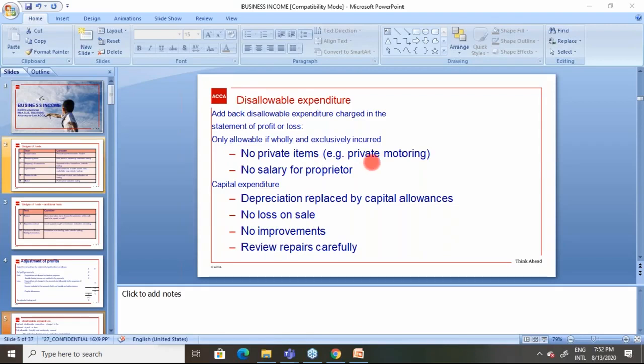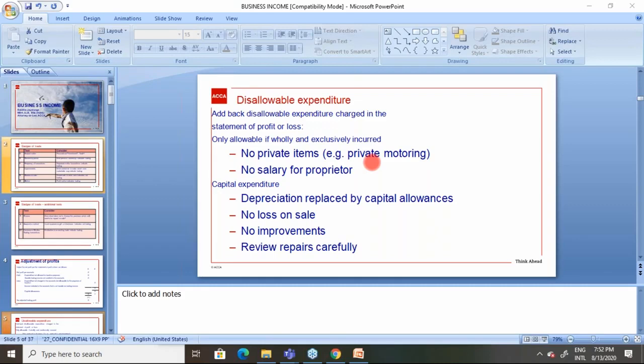For example, if you use part of the premises for both private and business purposes, then the expenditure attributable to your private use must be disallowed.